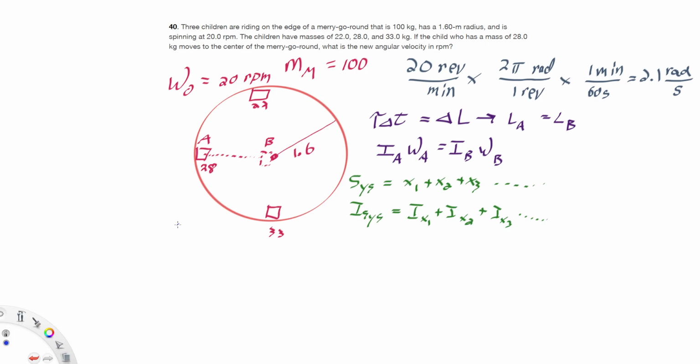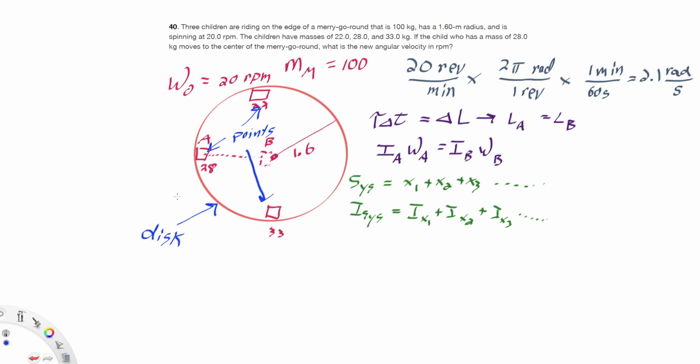So the merry-go-round itself is more or less a disk, and the kids, we're going to treat them as points, right? Because their mass is pretty highly concentrated at a particular location. It's not really spread out.